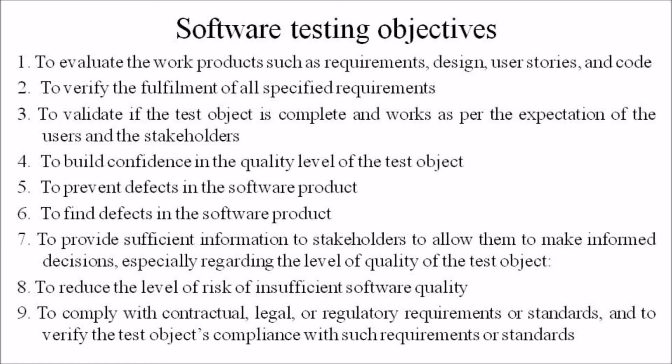Sixthly, to find defects in the software product. Seventh, to provide sufficient information to the customers. And eighth, to reduce the level of risk of insufficient software quality. And finally, the software should satisfy the legal or regulatory requirements or standards of a particular region or country. So my dear students, I hope you have understood this topic.